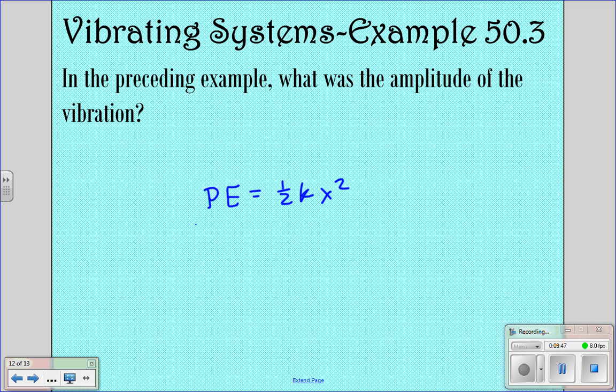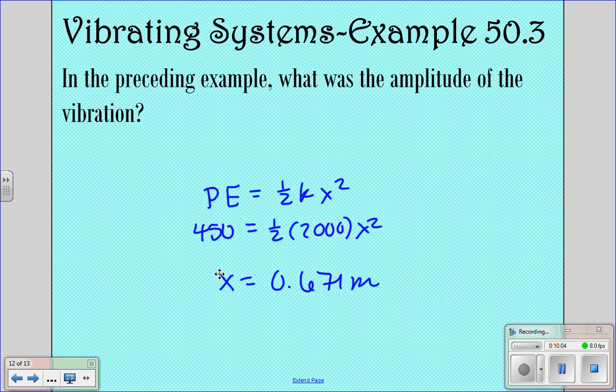And so we know that we had this much energy. Our spring constant was 2,000, and we want to know how far was it actually stretched to give it that much potential energy. And so if you solve for your x, you should get 0.671 meters. And so that would be the amplitude of the vibration. That's how far out it was stretched.